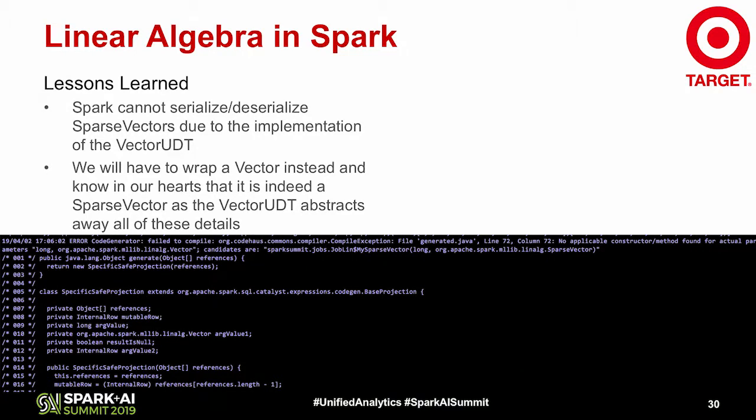The user-defined type allows classes to specify their own way of serializing and deserializing to work better with Spark SQL. This API was locked down and made private, I think, post Spark 2.0, but it does exist for this vector space. And so I ran into that, and I had to switch from wrapping a sparse vector to a vector and then do casting, which was kind of gross, but that was just the way to work around it.